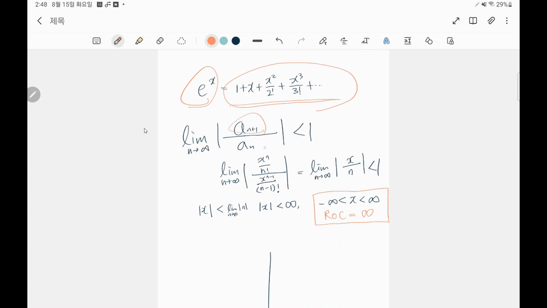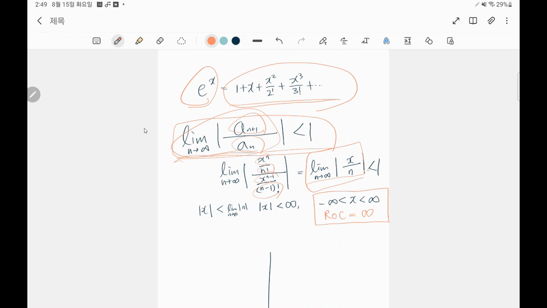You get the n plus 1th term and the nth term, and you plug them into this formula here. The n plus 1th term is just x to the n over n factorial, and the nth term is just x to the n minus 1 over n minus 1 factorial. And if you simplify that, you get this.